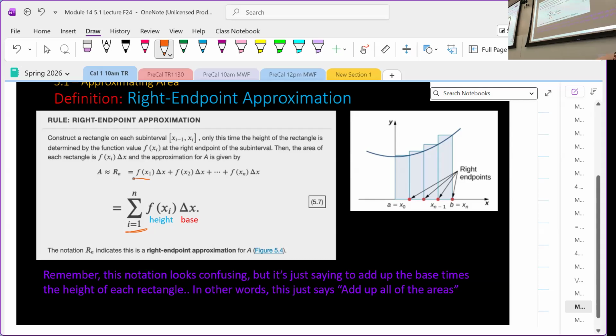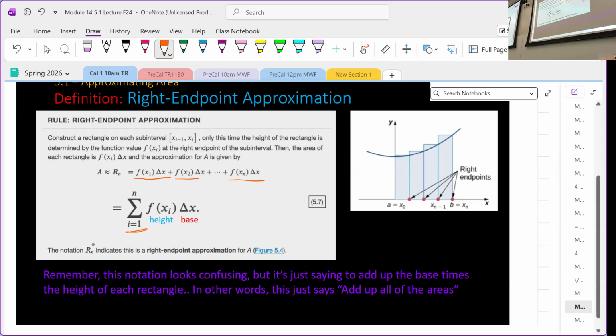So we see it up here. They've written it out in a dot, dot, dot formula. So the function value on the right times the width, the function value on the right of the next rectangle times the width, on and on and on. And then they just took those x sub 1, x sub 2, x sub n, and turned it into an x sub i formula running from i equals 1 to n.